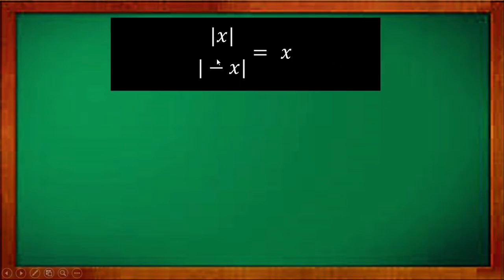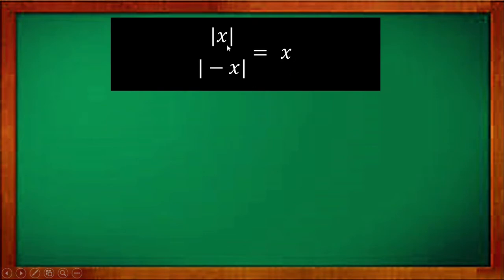So in this one, absolute value of x is just x. Again, absolute value of positive x is just x. And also, absolute value of negative x is also just x.